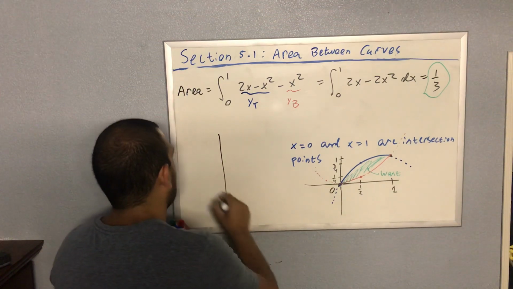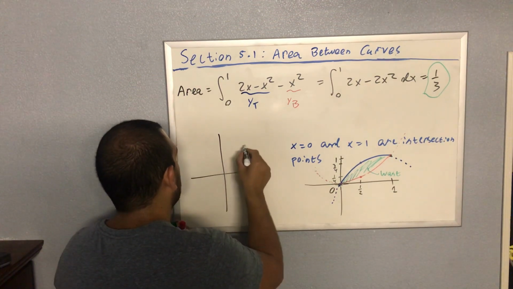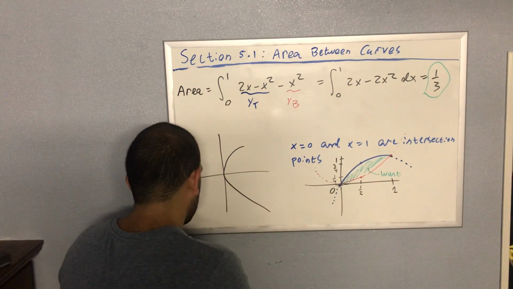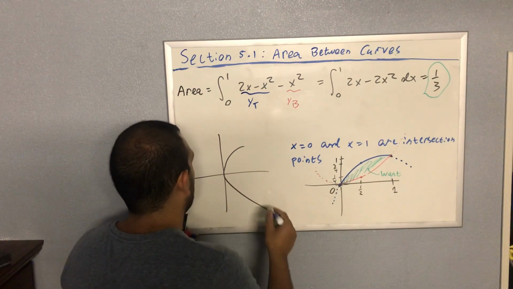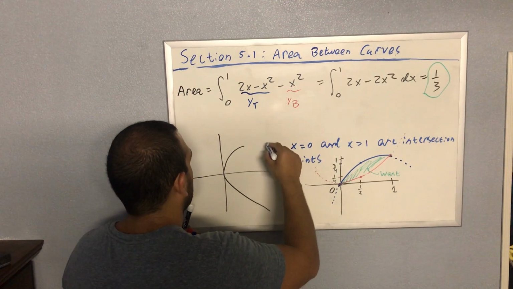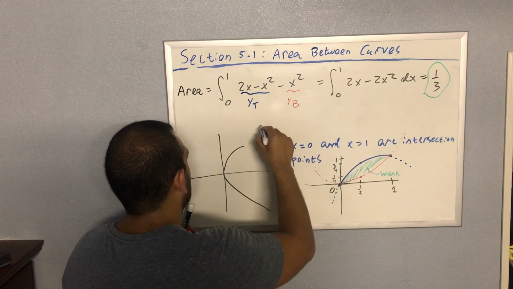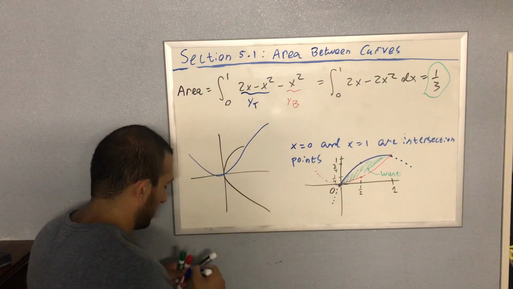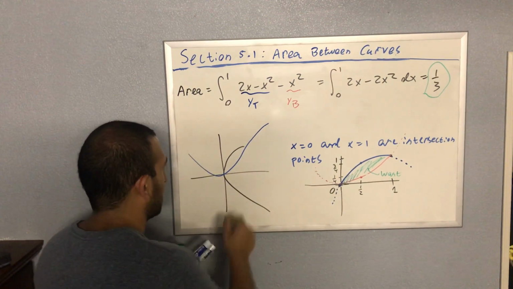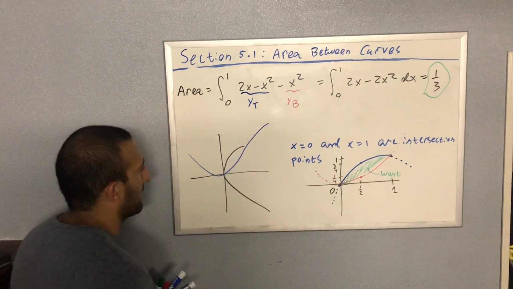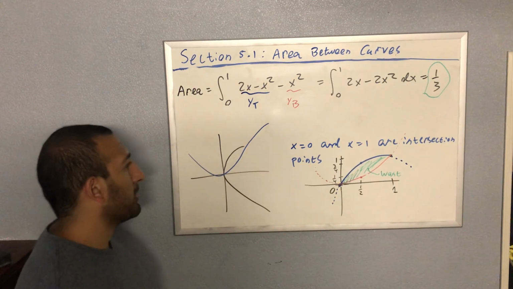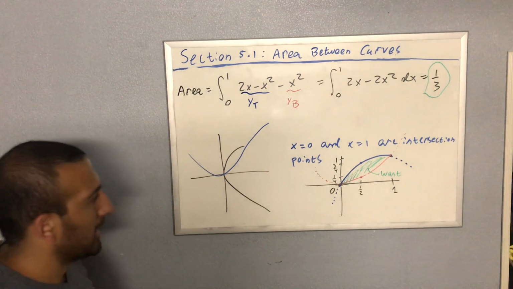So for example, if this is one function and let's say this is another function, and you're interested in the area of this region here, sometimes it may not be as straightforward.